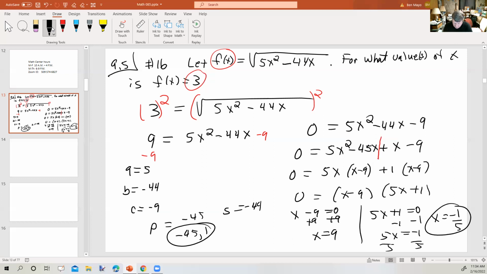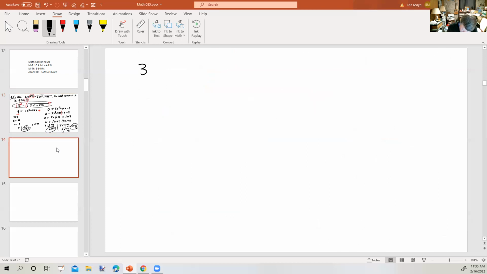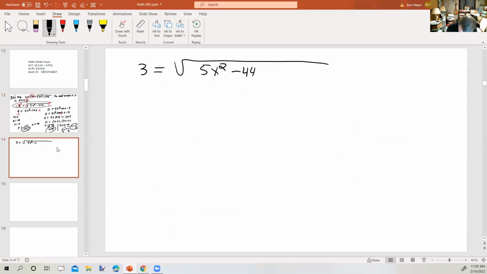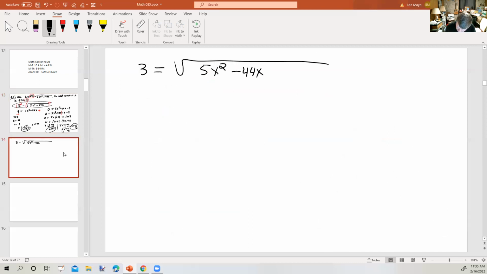All right, let's check our work on those two answers to see if they are correct. So I'm going to copy the original equation, that is this, on the next page. 3 equals the square root of 5x squared minus 44x, and our two solutions, 9 and negative 1/5.